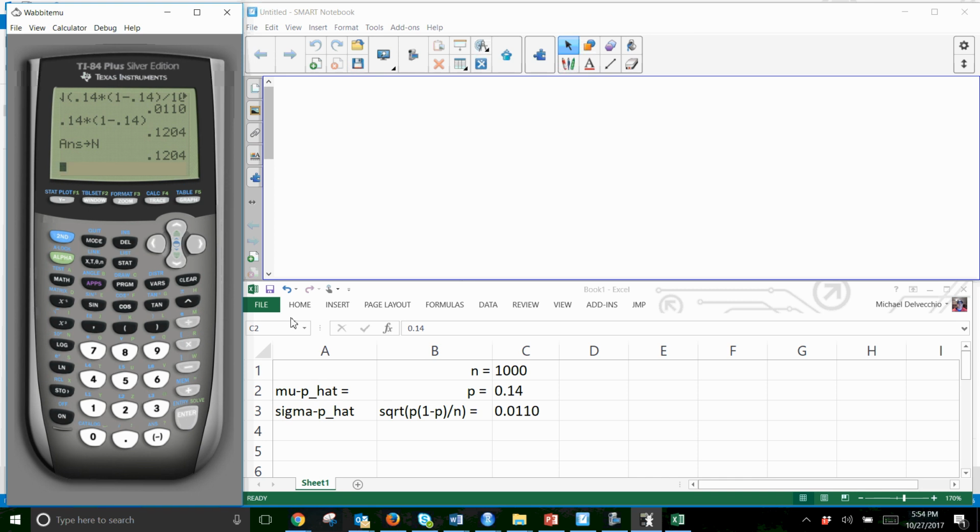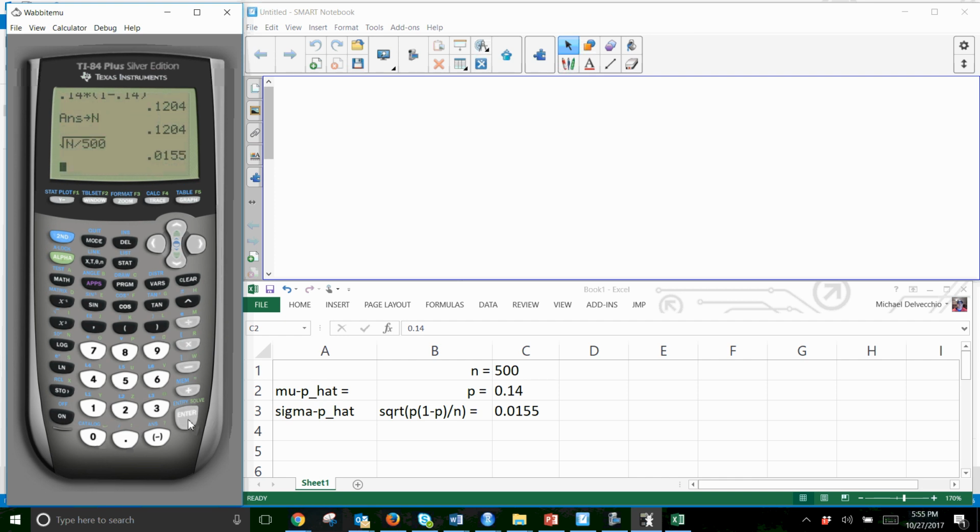Now if I was to do, for example, the last one where n equals 500, we should get 0.0155. So here we'll use the square root function again, but this time we already have our numerator saved as N. So I'll put N there and then divide it by the little n, which in this case is 500.